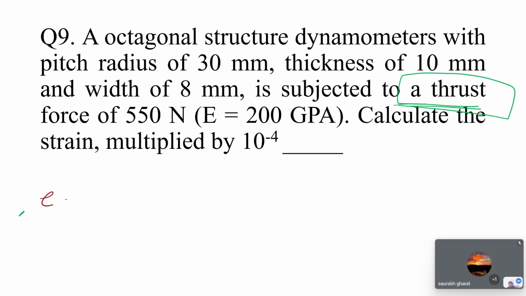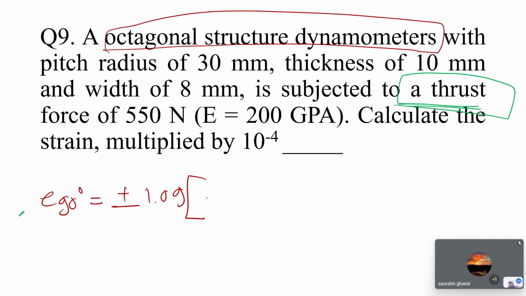What is your E90? Your E90 is equal to plus or minus 1.09 times F by EBT squared. The formula will change because of the octagonal structure dynamometer.